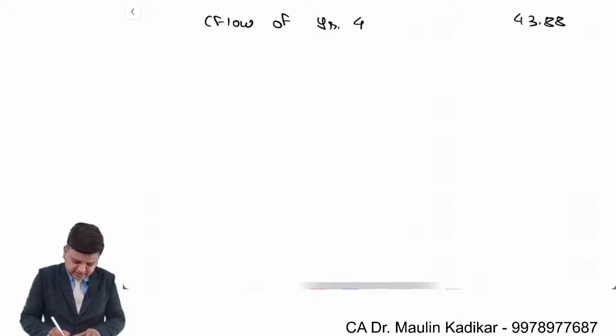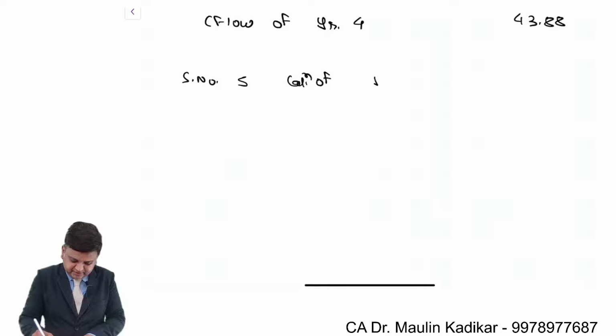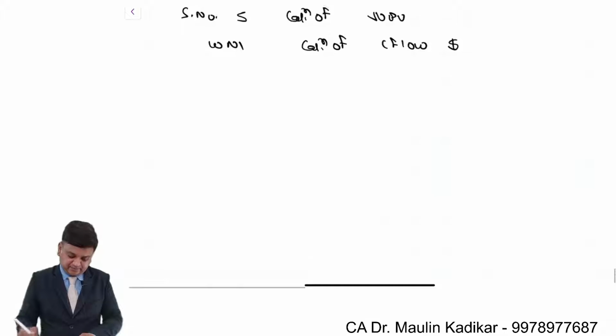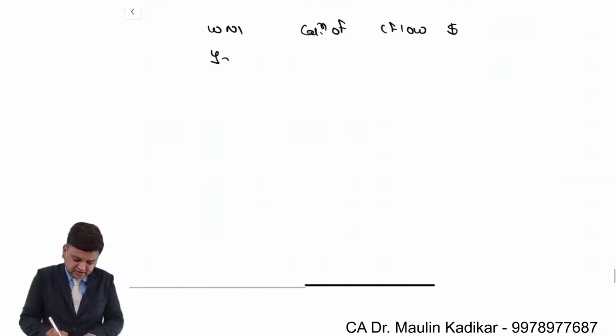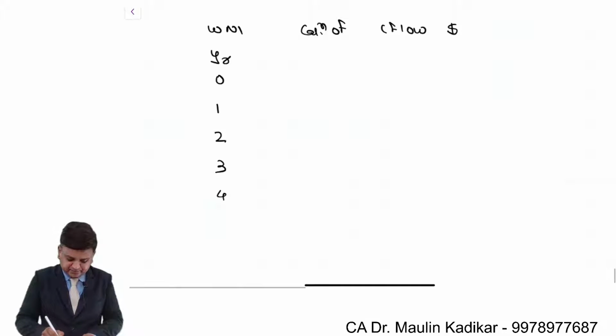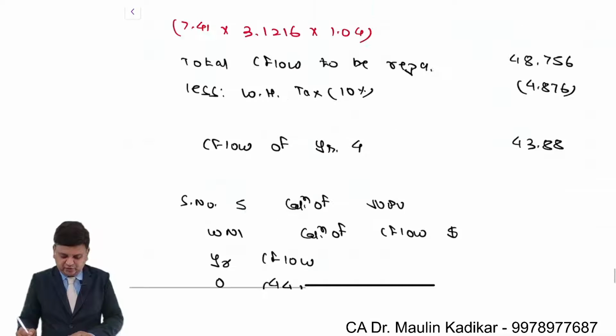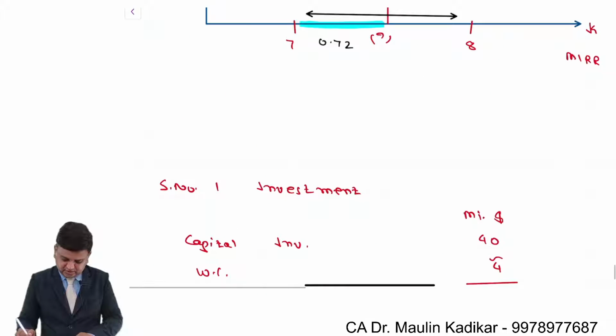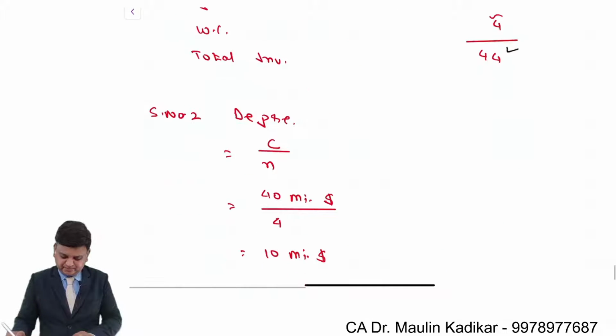Next, step number 5, calculation of NPV. In working note number 1, calculation of the cash flow, first of all in dollar terms. So it is year 0, year 1, year 2, year 3, year 4. Year 0 it is 44 million outflow. That is the investment 44.